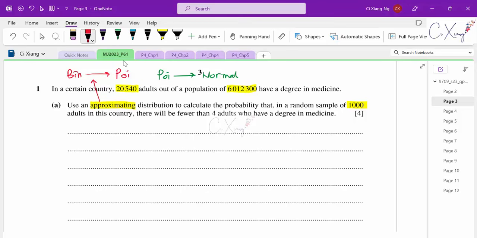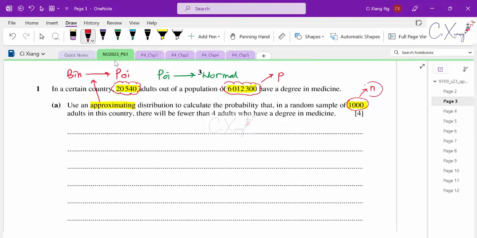Okay, and then let us have a look at which possible approximation we can use in this question. If we look at the information given here, we have this number of adults with a total population of this value. So from here, I can actually get the proportion. And a sample of 1,000 here, right? So the 1,000 here should be the n.